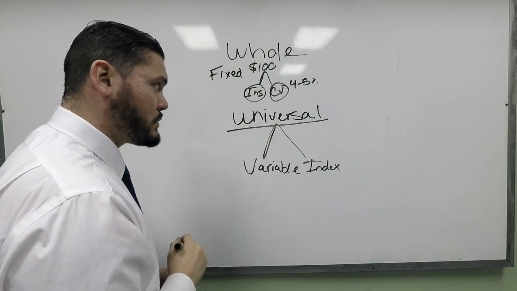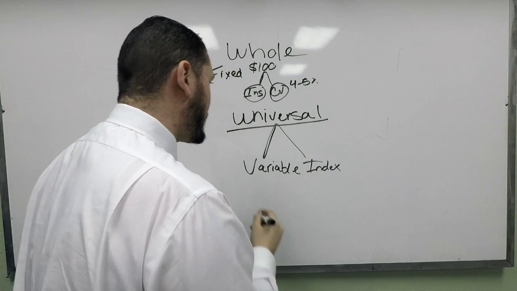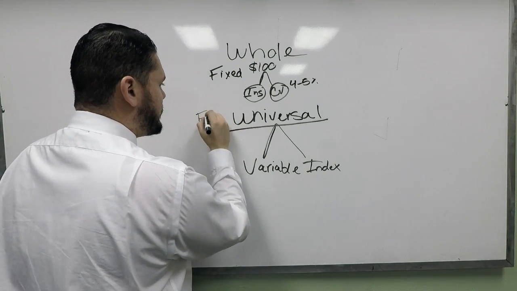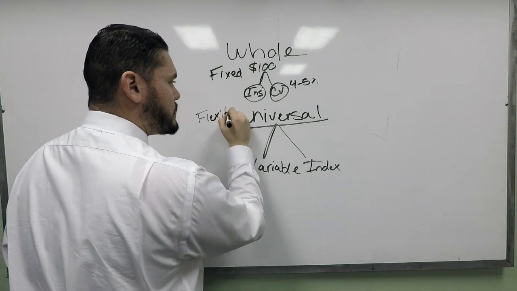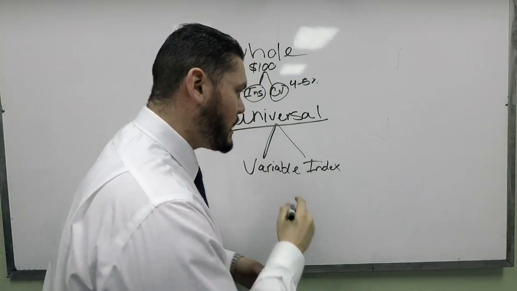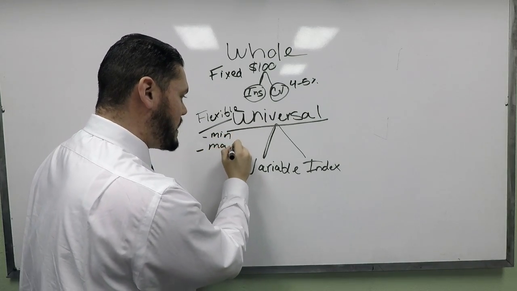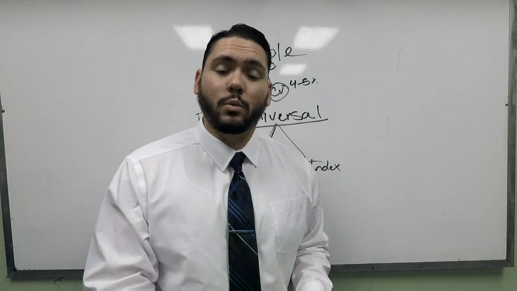The next thing that was introduced is universal. Now, how this is different is this is when flexibility was introduced to insurance policies. So what that means is there is a minimum that goes into the policy and there is a maximum that goes into the policy as well.